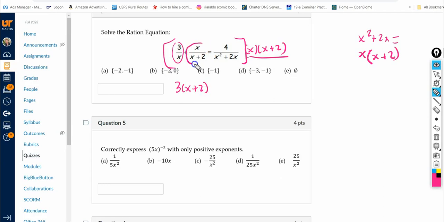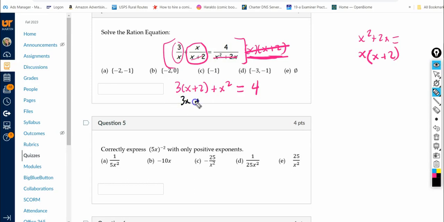When I multiply the second fraction by this, the x plus 2's will cancel, and I'll be left with x times x, which is x squared, equals, and then when I multiply this one by that, everything cancels there, and I'm left with 4.